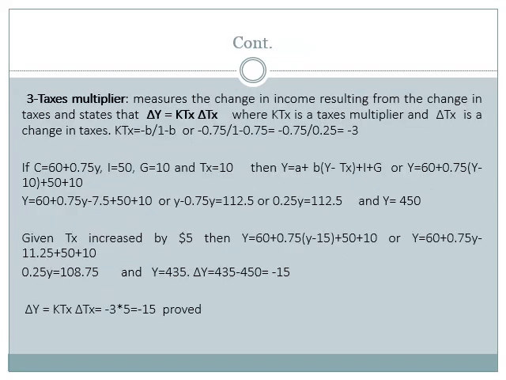Okay, last station in this chapter is about the taxes multiplier, مضاعف الضرائب. It measures the change in income resulting from the change in taxes. Statement: the relation between taxes and income is inverse.